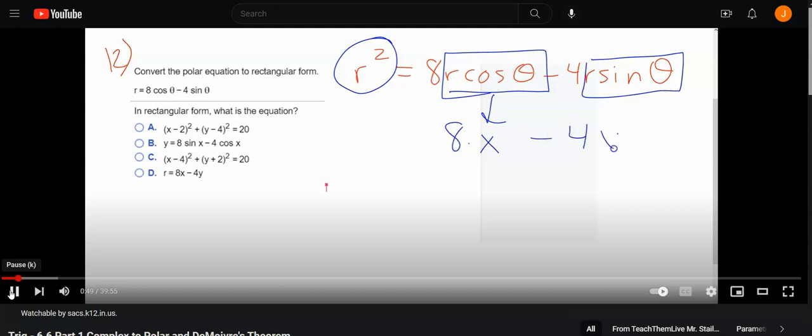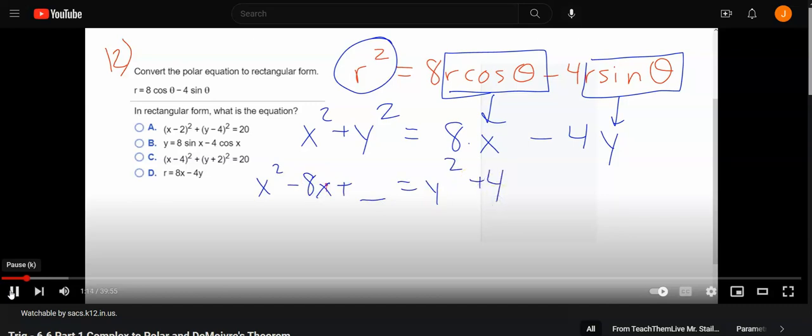Look, they replaced the r cosine theta with x and the r sine theta with y. And x squared plus y squared shows up for r squared. This looks like a job for getting everything on one side. Notice how I'm leaving space for the x's. Why did I put an equal sign in there? Oh, yeah, I erased it. That should be a plus sign.